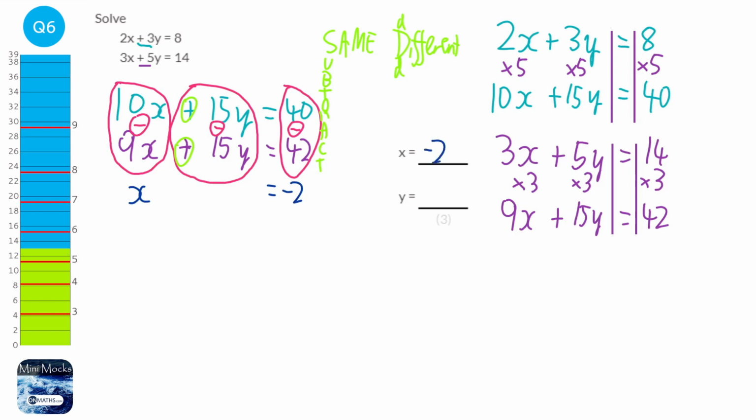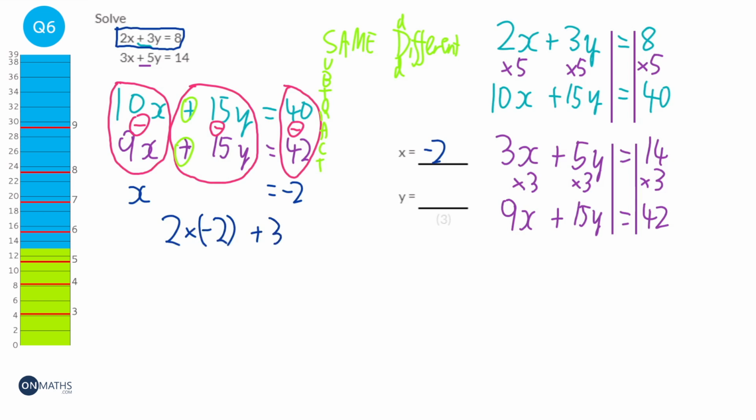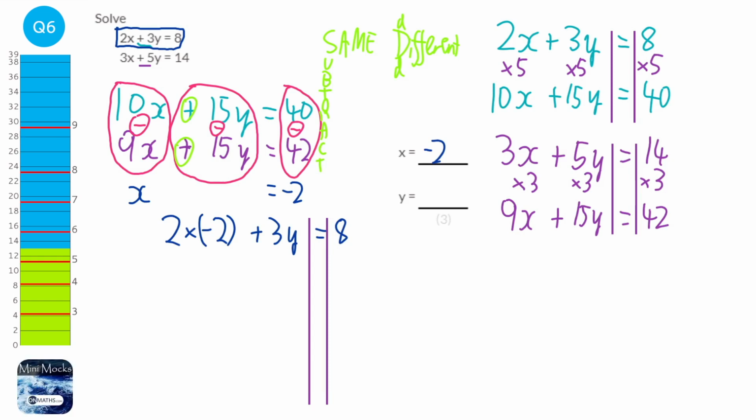But that is only one of the battles because we need to find out what y is. So we're going to substitute in that minus 2 into our first equation. So we've got 2 times minus 2 plus 3y equals 8. And we can get our lines in. So the first thing we're going to do is take away the minus 4. We're going to add 4 both sides because we've got a minus 4 here.